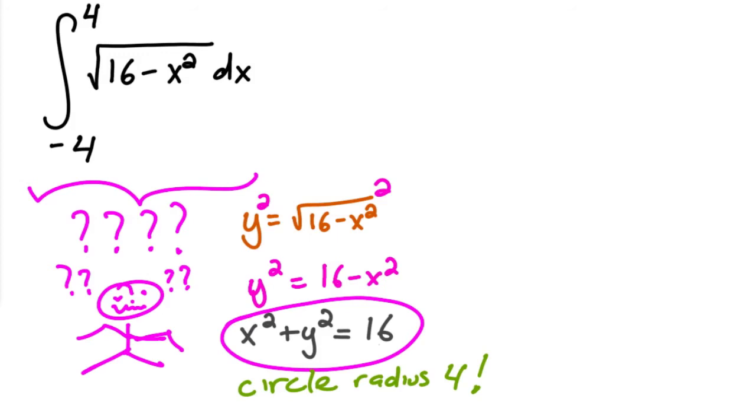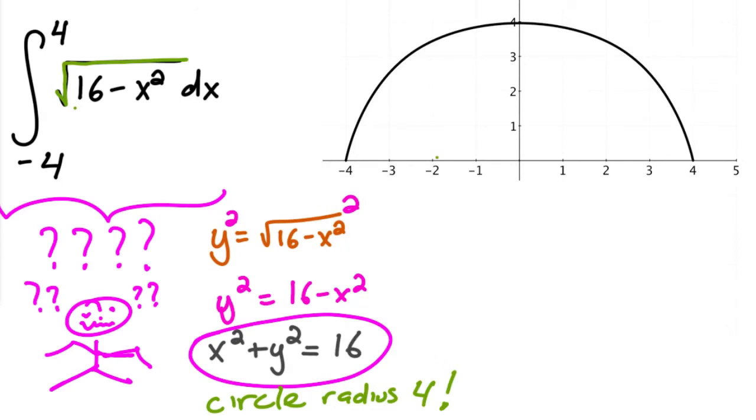So this one that we have up here, notice since it's only the positive square root, is actually a half circle of radius 4. So let's draw the graph. Okay, so this is your half circle, this function, the square root of 16 minus x squared, a half circle of radius 4.